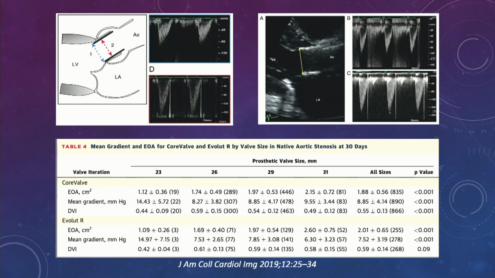Here on this table, you can find the normal values for the different kinds of valves, the Medtronic and the Edwards. Even on the smallest valves, that's size 23, the effective orifice area is usually 1.1 centimeters squared or bigger. Obviously, as the valve gets bigger, the area is going to be a lot bigger.